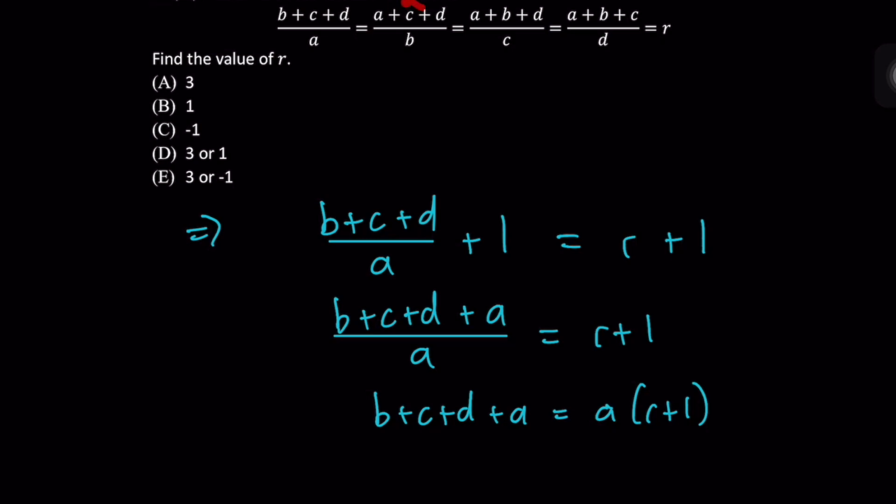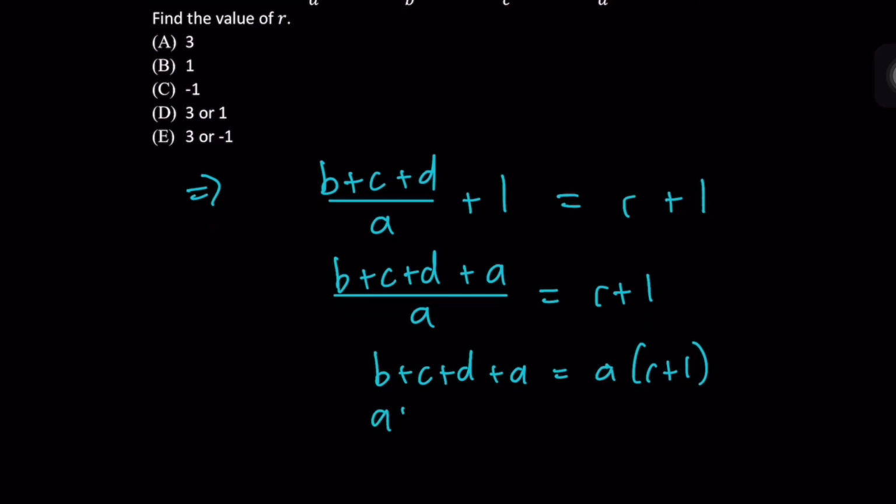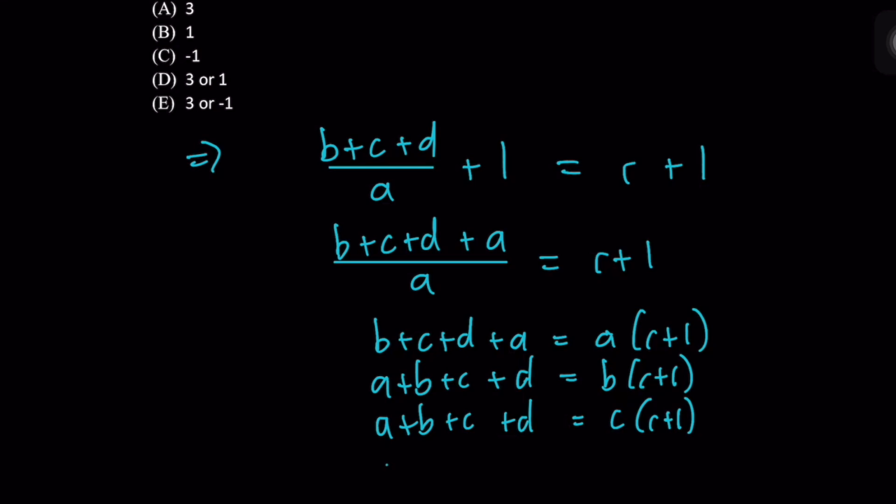Similarly, if we try on these two, and this one, and this one, it will give us a plus b plus c plus d equals b times (r plus 1). A plus b plus c plus d equals c times (r plus 1). A plus b plus c plus d will be equal to d times (r plus 1).